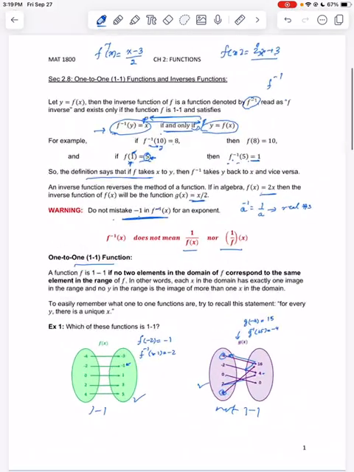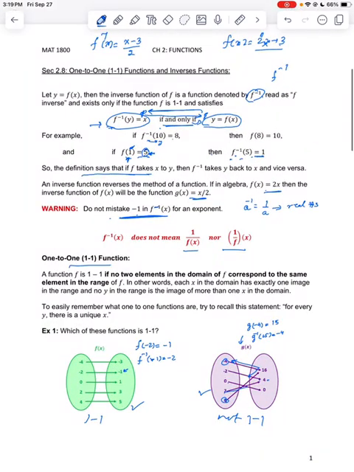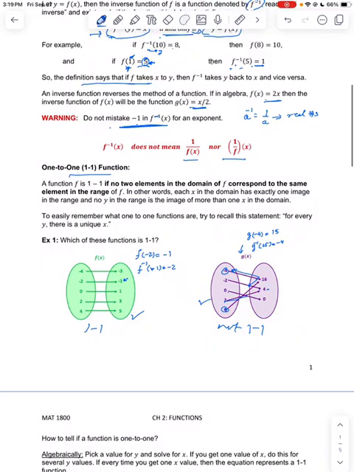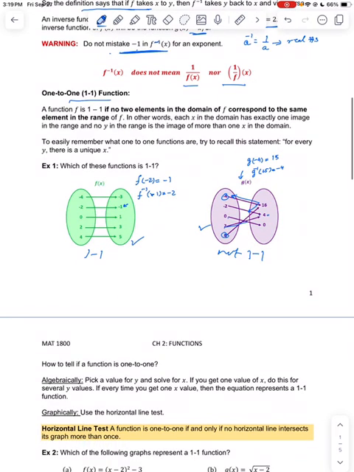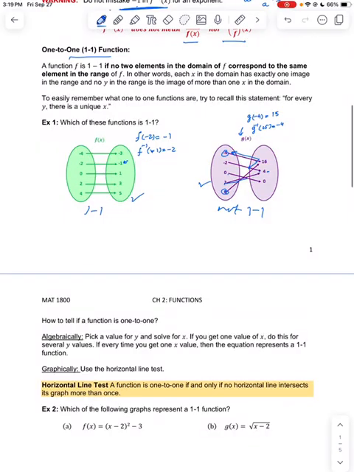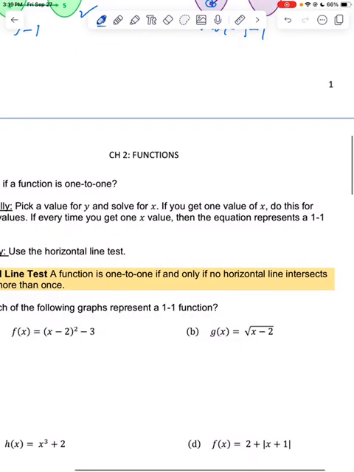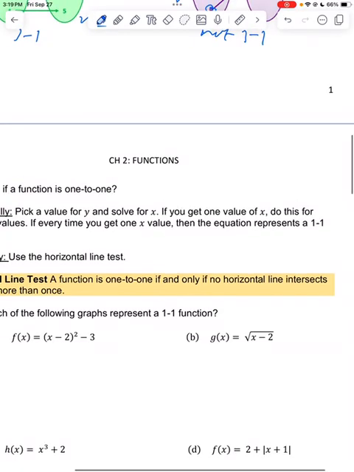Again, a function will not always be given in this form. So how can we figure out whether a given function is 1 to 1 or not? Either algebraically, if the equation is given for the function, or graphically. For the algebraic method, you can pick a value for y and solve for x.